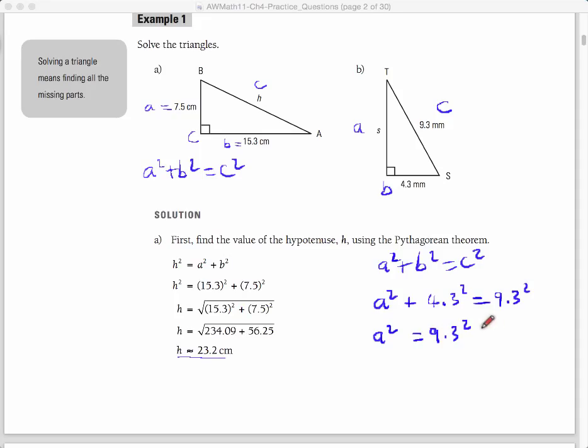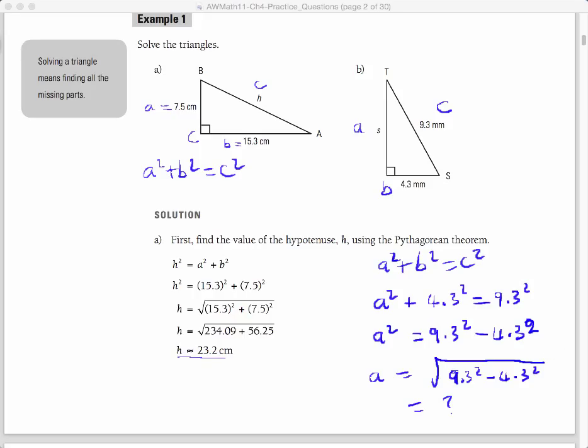In doing that, we'll have to subtract it from both sides. So we end up with this calculation, and finally for a, whatever value we get, we have to square root this whole thing. So 9.3 squared minus 4.3 squared. And whatever this value is, we will square root it and we'll finally get our answer to a.